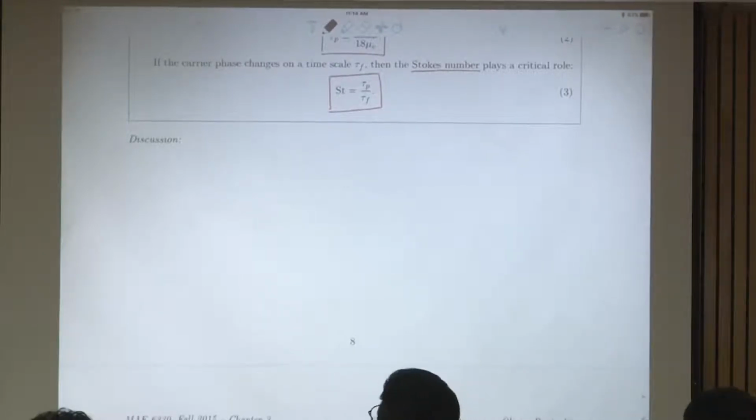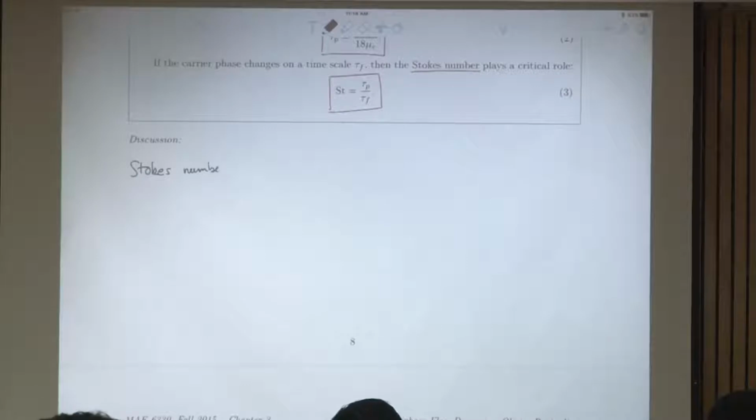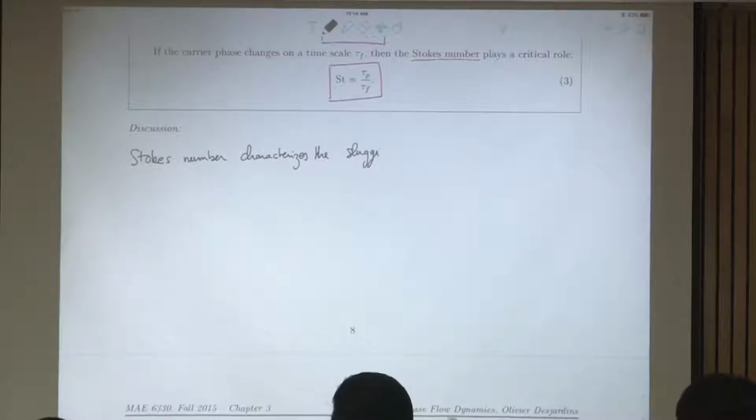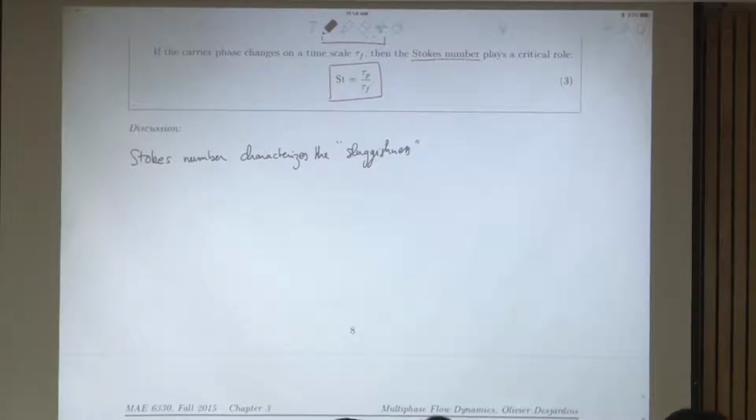Let me just summarize this at a high level: the Stokes number characterizes the sluggishness of the particle response to changes in the flow.